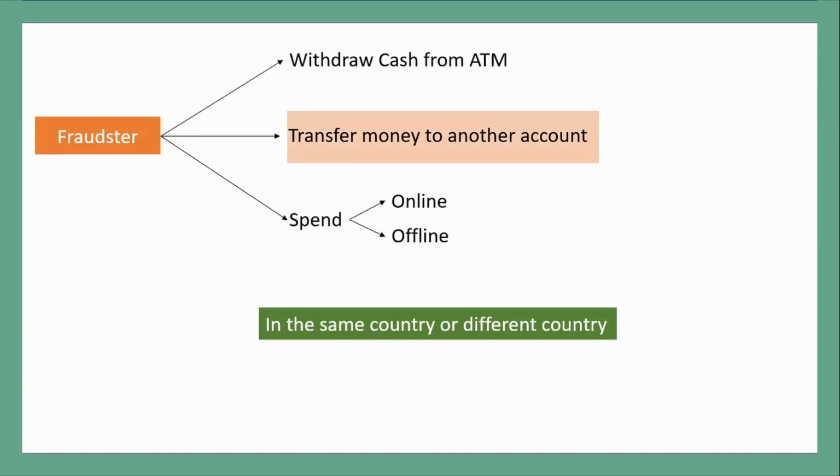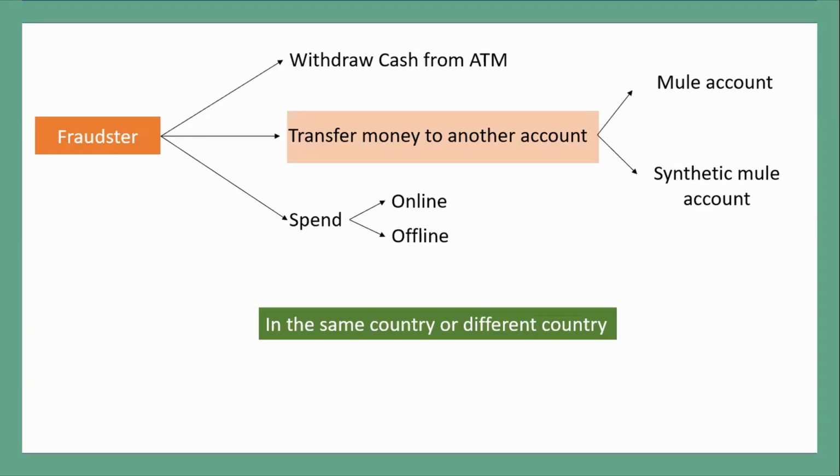Let's look at when the fraudster is going to transfer money from the customer's account, which account would the fraudster transfer to? So it would be either a mule account or a synthetic mule account. Now, what is a mule account?